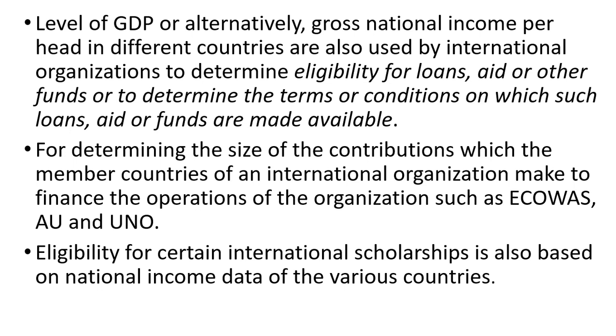For instance, there are a lot of international organizations like USAID, UK Aid, Canada Aid, Australia Aid, and all these organizations provide humanitarian assistance to various countries. Whether you can get assistance from these organizations depends on your national income statistics. Some countries that have very low per capita income get a lot of support.